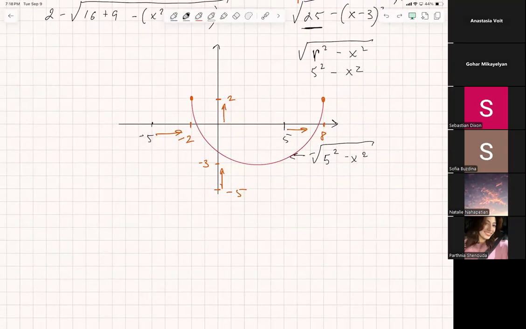So we have domain is gonna be from -2 to 8, right? And the range will be in this case from -3 to +2, right? So this is your range and domain. You can see sometimes it's easier to work this way. Do you have any questions?